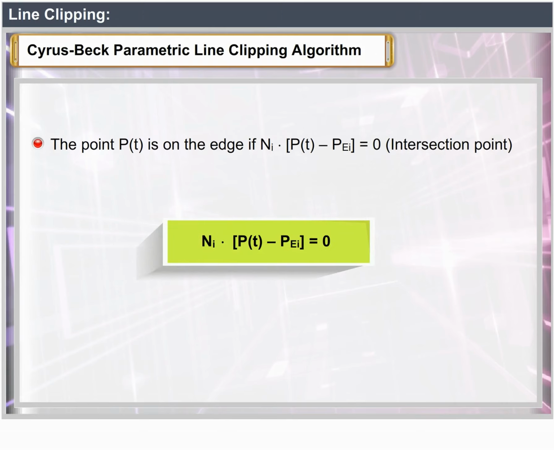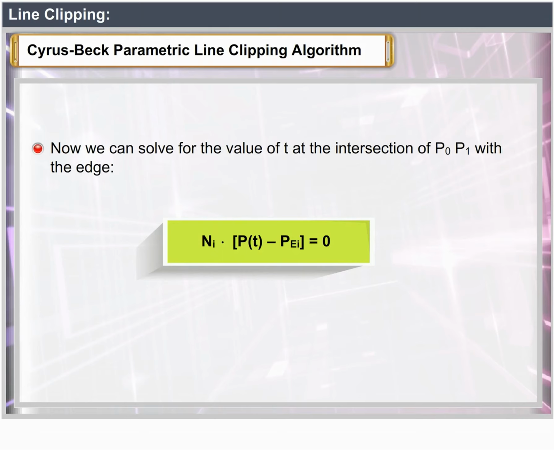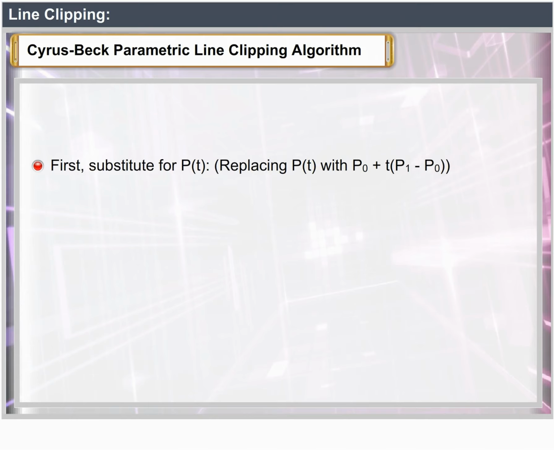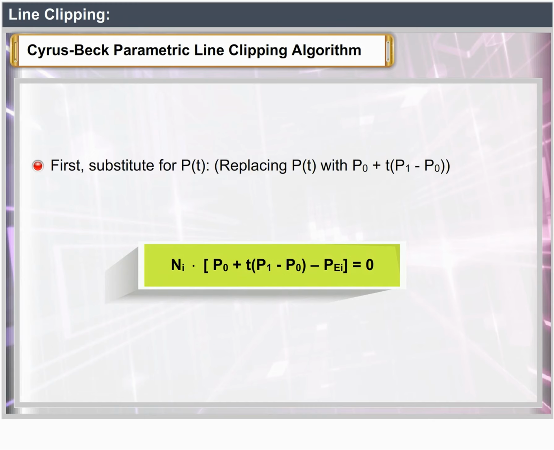Now we can solve for the value of t at the intersection of P0P1 with the edge: Ni · (P(t) minus PEi) equals 0. First substitute for P(t), replacing it with P0 plus t times (P1 minus P0): Ni · (P0 + t(P1 minus P0) minus PEi) equals 0.